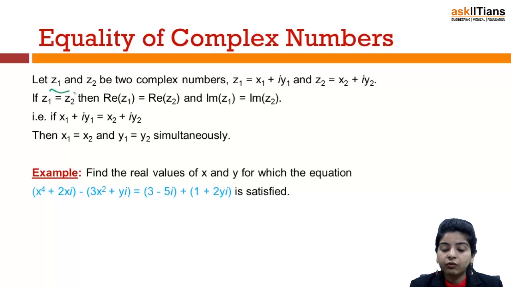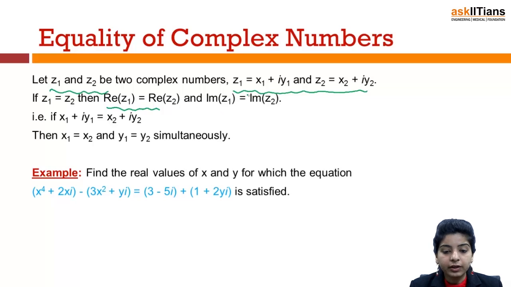So if we have z1 and z2 to be two complex numbers of the form z1 is x1 plus iota y1 and z2 is x2 plus iota y2, then if we say z1 is equal to z2, that would mean the real part of z1 is equal to the real part of z2 and the imaginary part of z1 is equal to the imaginary part of z2.